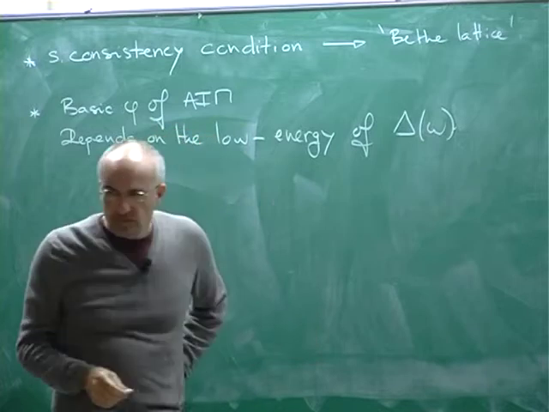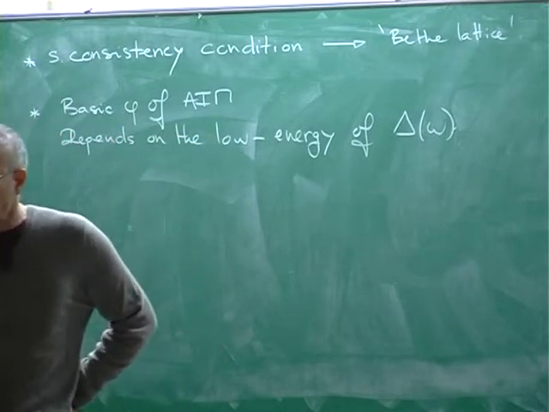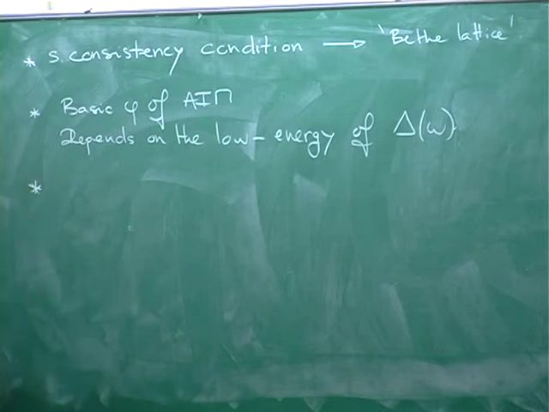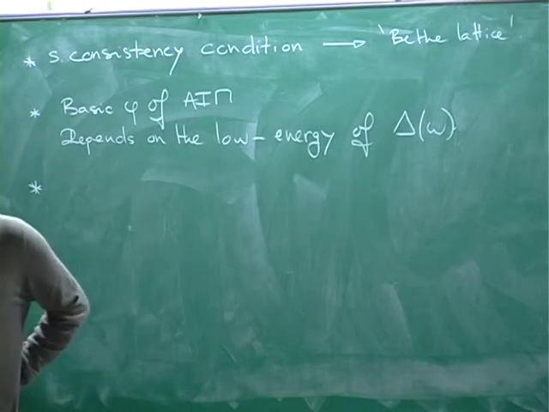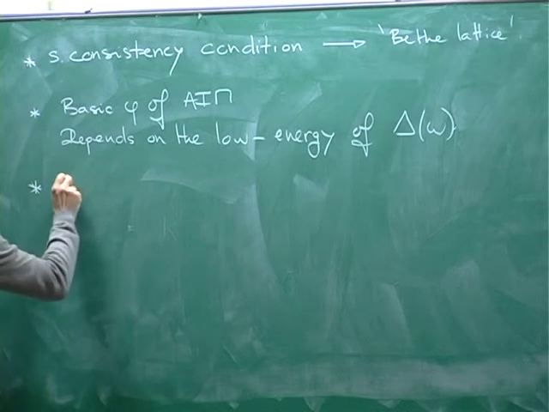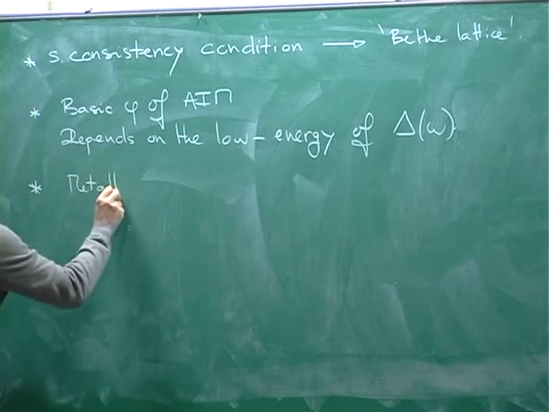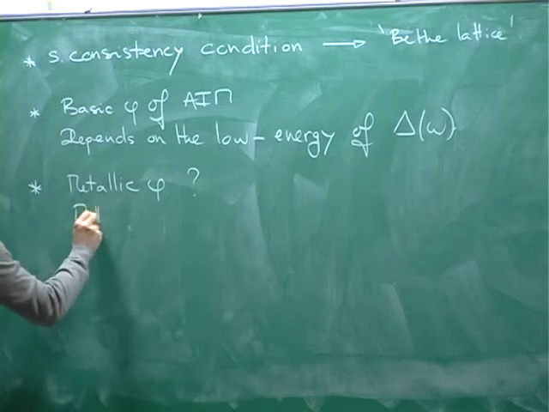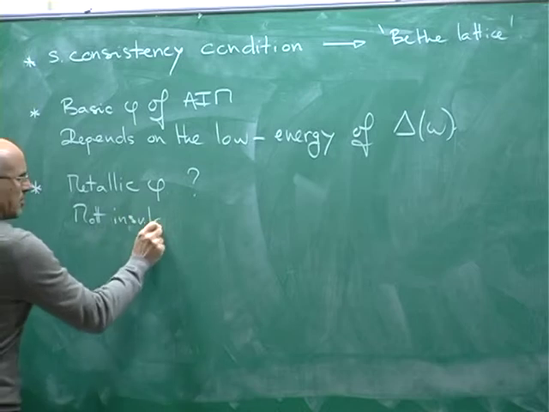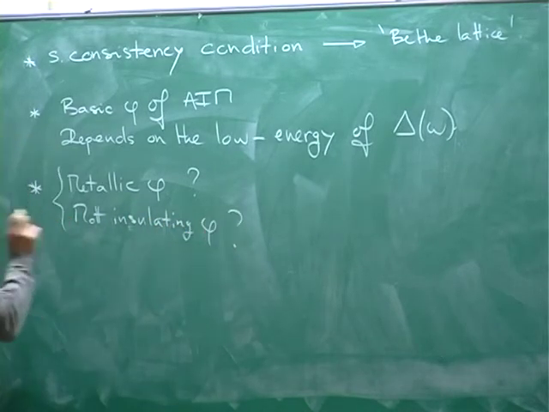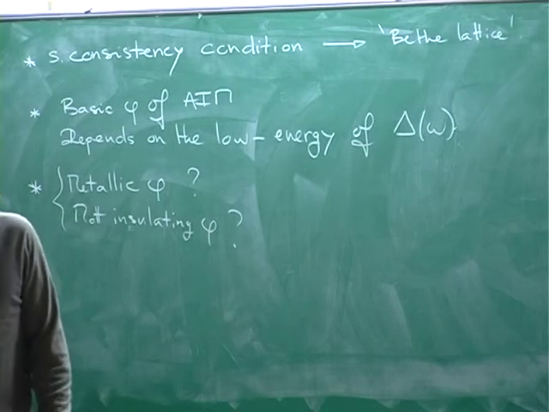And that will take you naturally to understanding how in the DMFT self-consistent equations we can have something like a metallic phase and a Mott insulating phase, and where these solutions exist in the phase diagram. And this is basically my agenda.